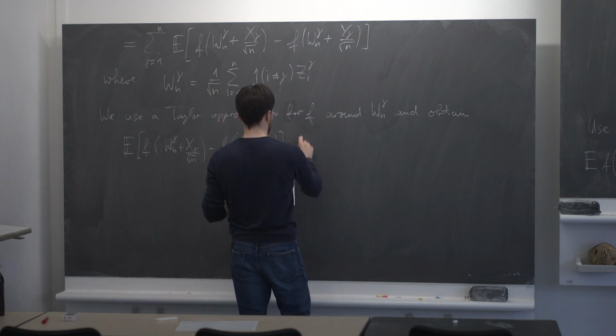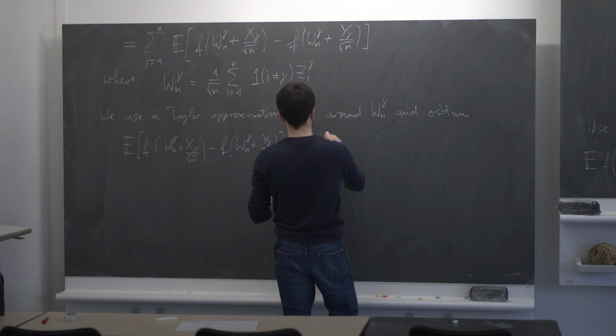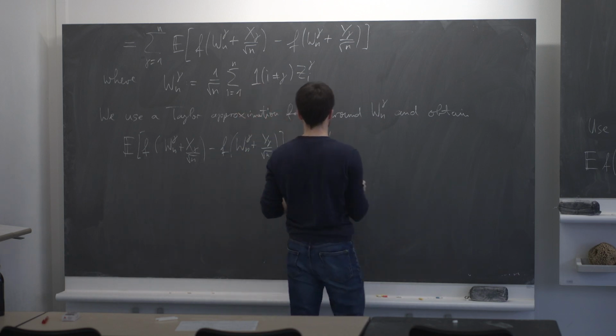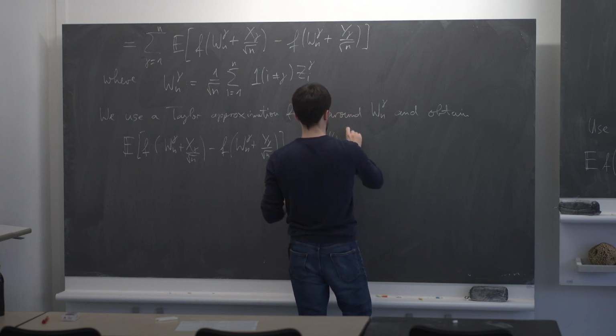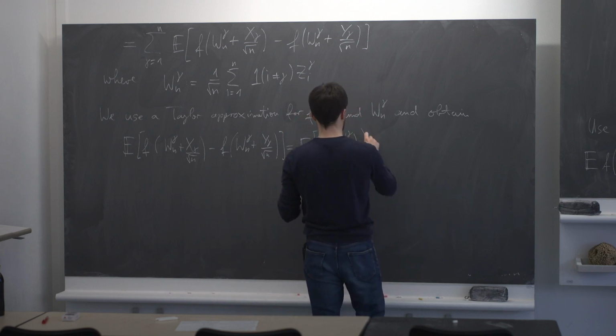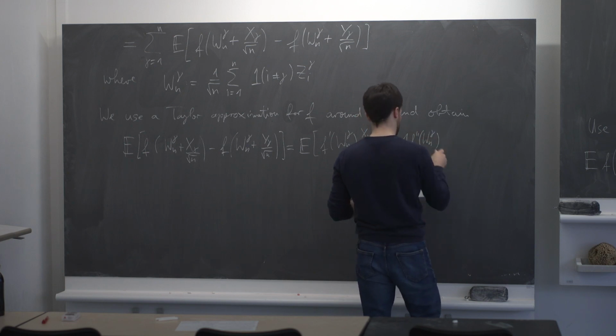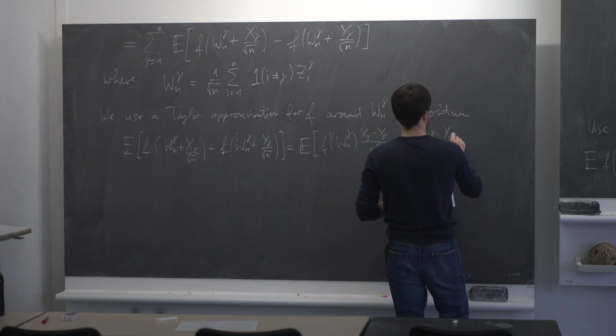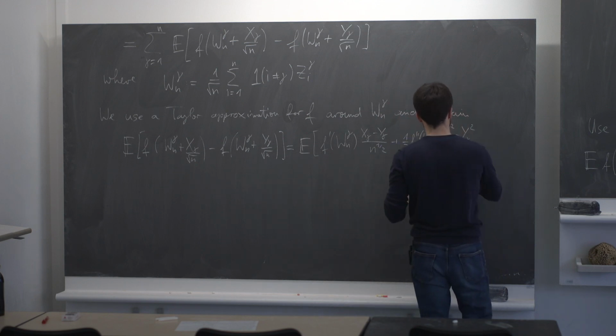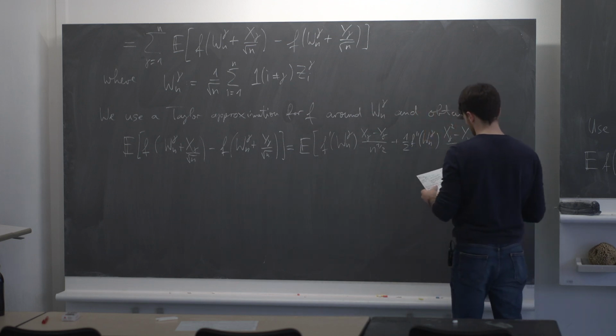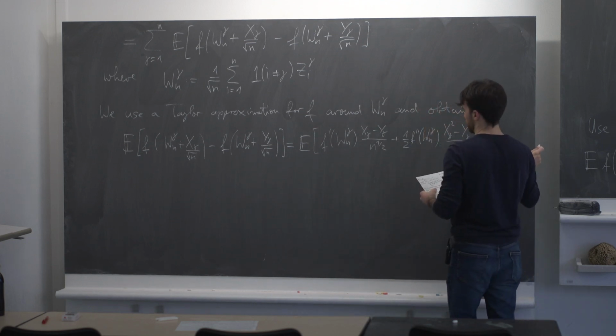And then, yeah, I use a Taylor expansion. I will not go through all of the details. So first of all, the constant term, of course, vanishes. Then we have the first derivative, x gamma minus y gamma, n to the 1/2, plus 1/2 second derivative, times x gamma squared minus y gamma squared, and then we have an error term.